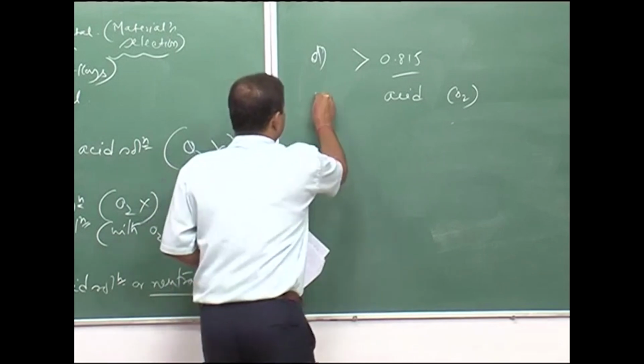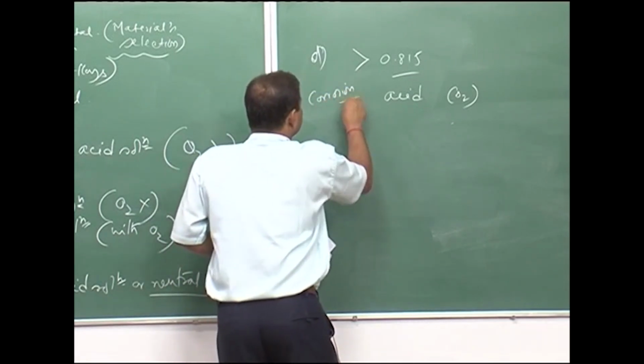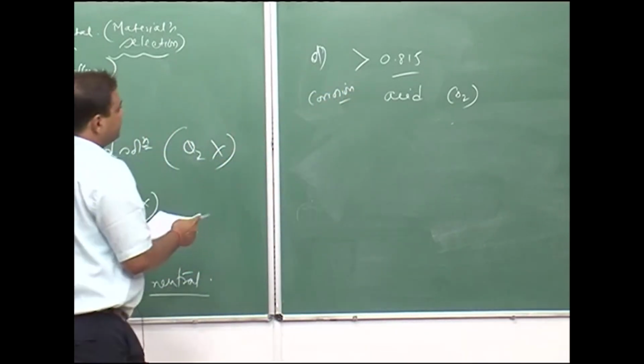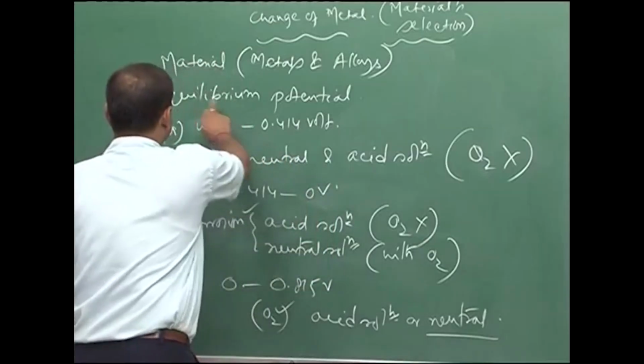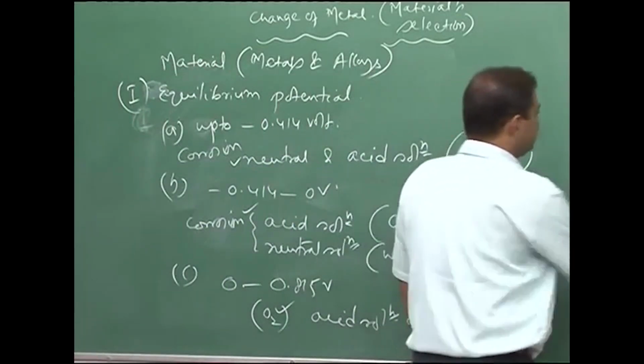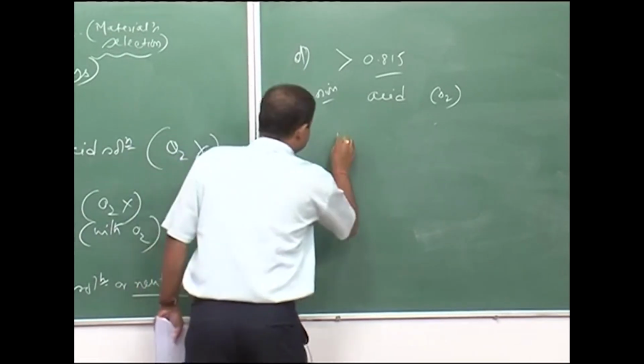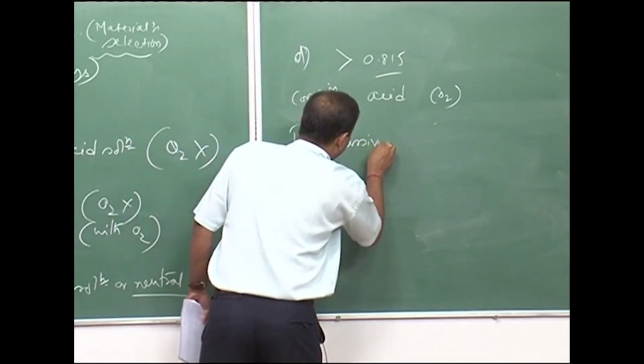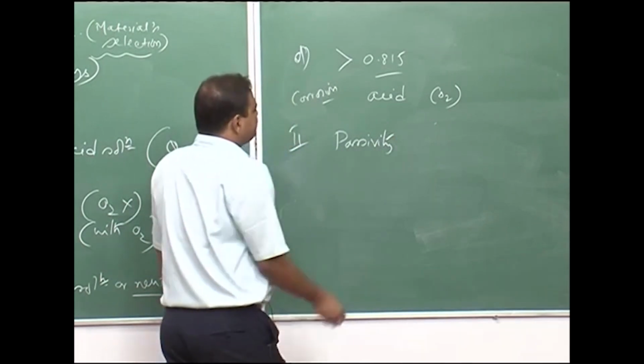So, the corrosion can happen. Now, this is factor number 1, equilibrium potential. Factor number 2 is the passivity of the metal, passivity.